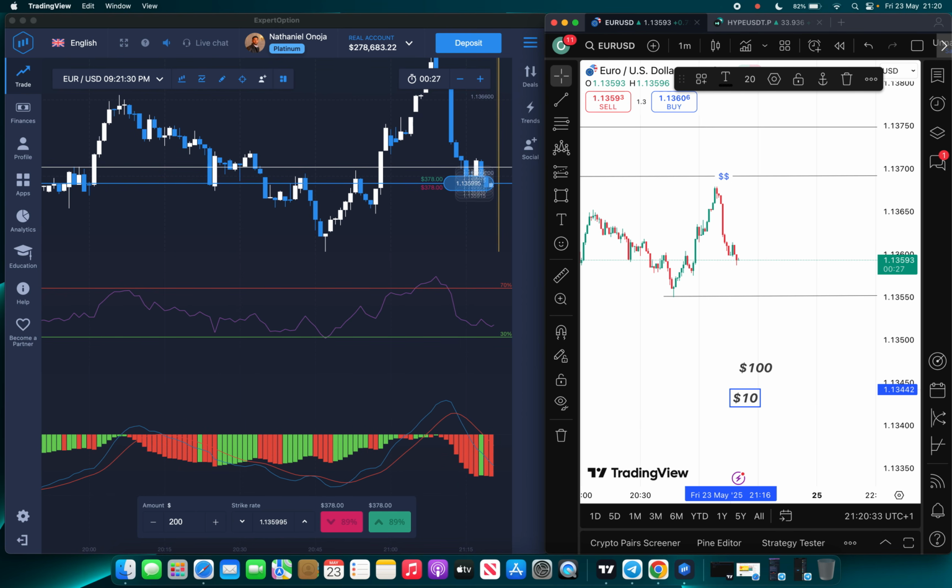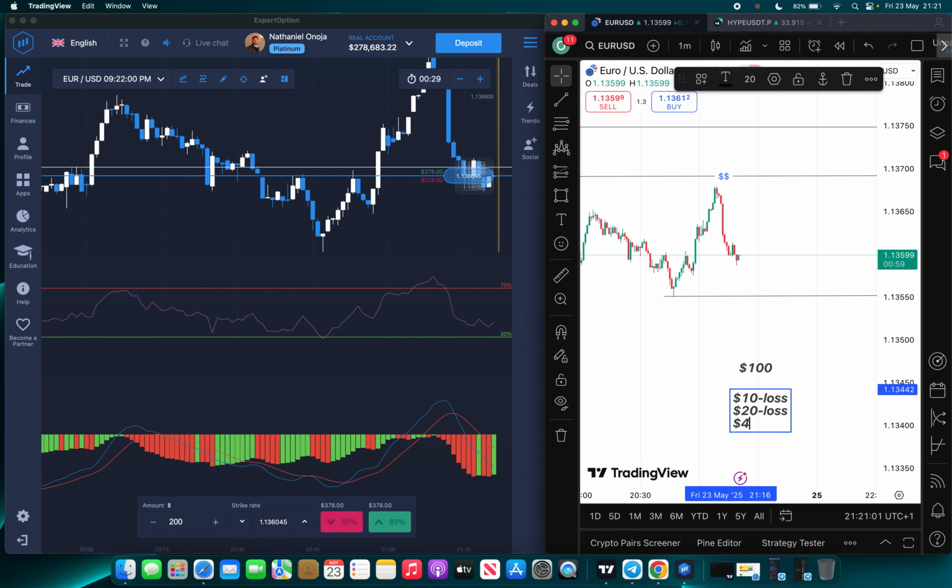If you lose this trade, you have lost $10. You now apply Martingale strategy. You go into the next trade, double that $10. You're going to use $20. If you lose this trade, you have lost $30 from your 100. Of course, it is possible to lose 3 trades in a row. You should be here long enough to have noticed that it is possible.